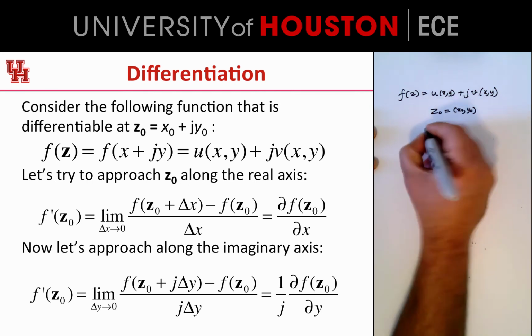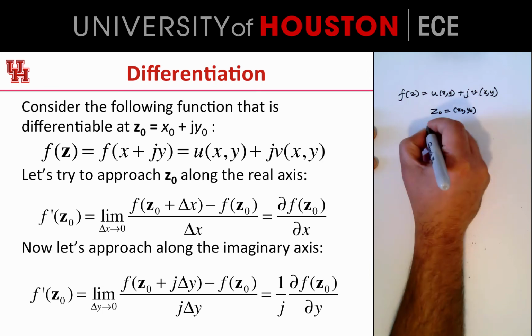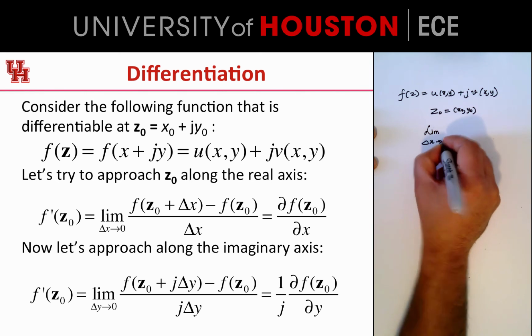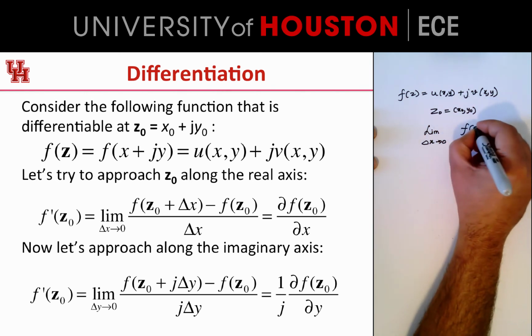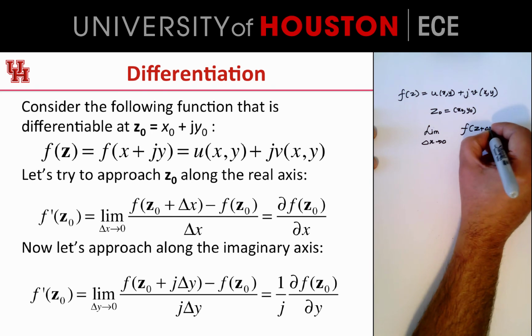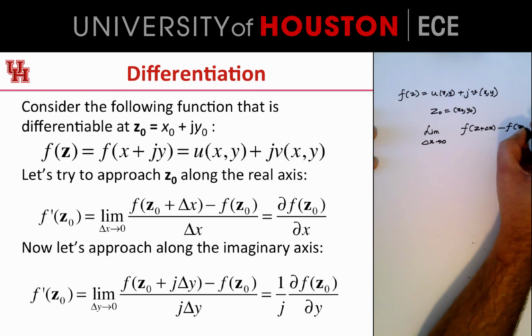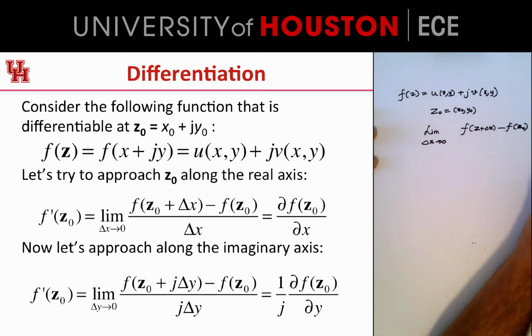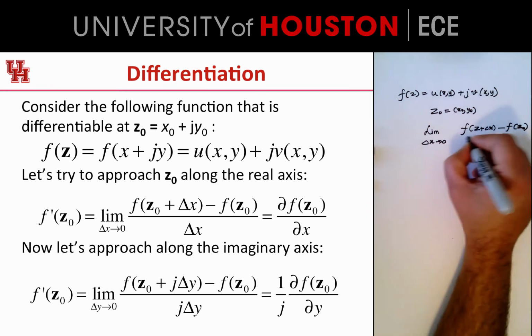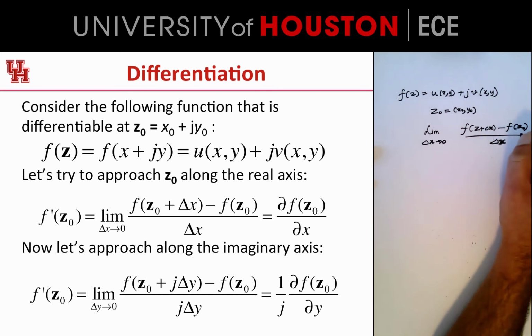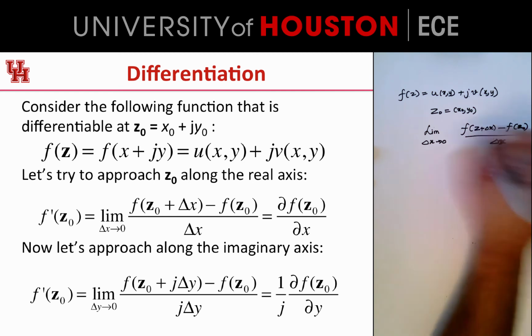If I take the limit as delta x tends to 0 of f of z plus delta x minus f of z, divided by delta x, that is z minus z naught, because z minus z naught is delta x.